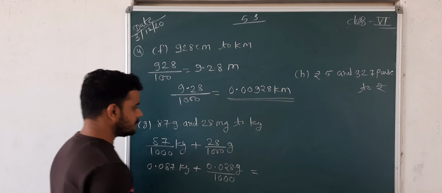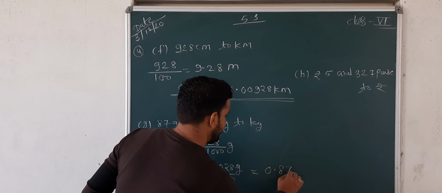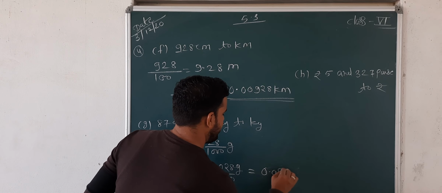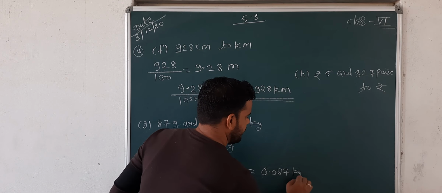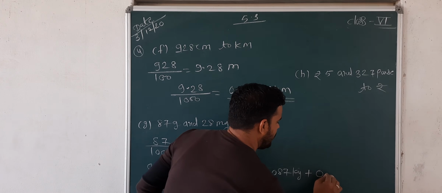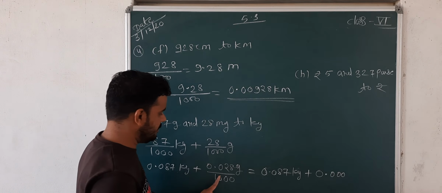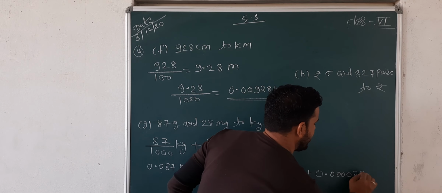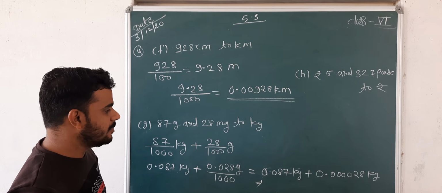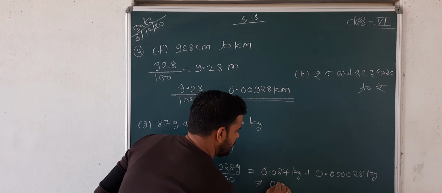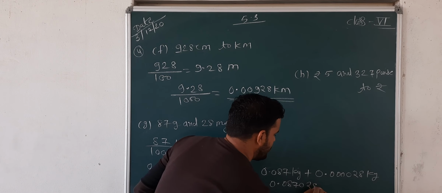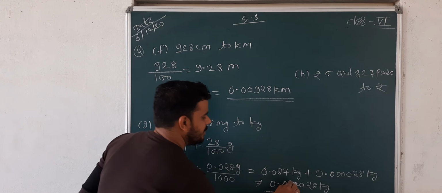Final answer is 0.879 kg plus this is also now kg, 0.000028 kg. Now add both of these, then you get your final answer. So this is your answer.